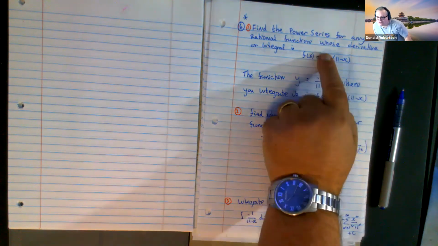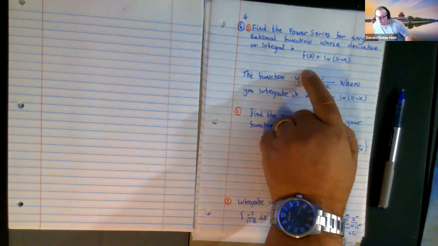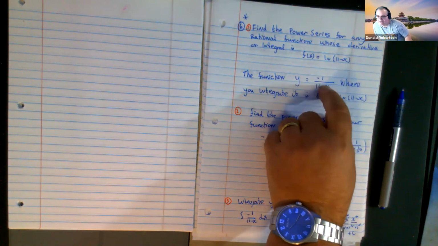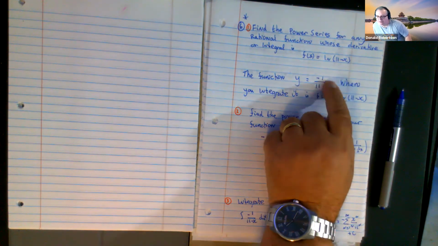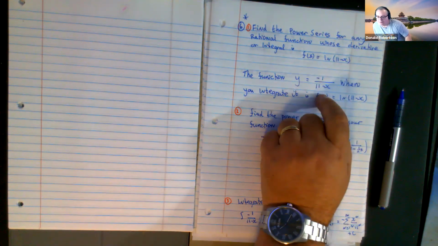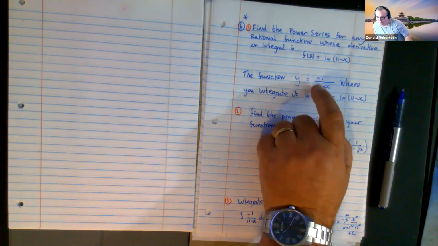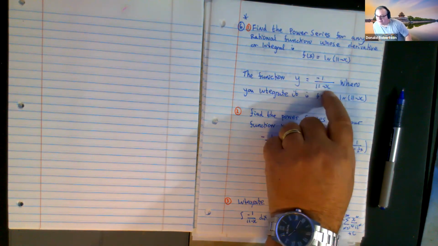And now, since that's a log, I'm thinking you need to have a fraction. And this ends up being the fraction, I believe. You can check the signs on it, but I believe this is the fraction that's going to get me that guy. Let's double check it. If you integrate this, won't you get the log of this guy, times a -1?